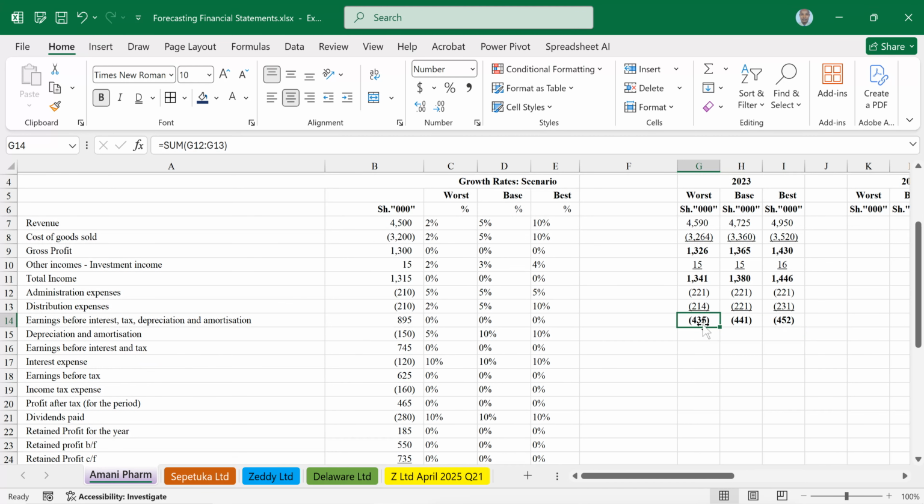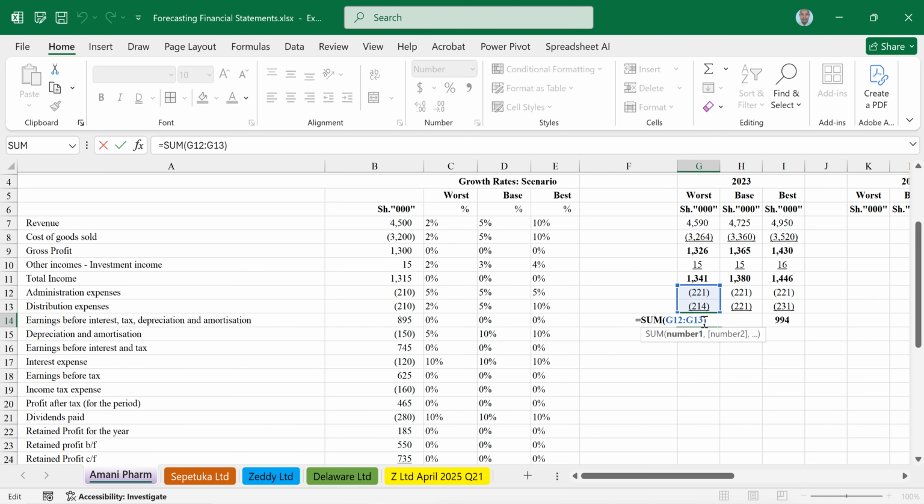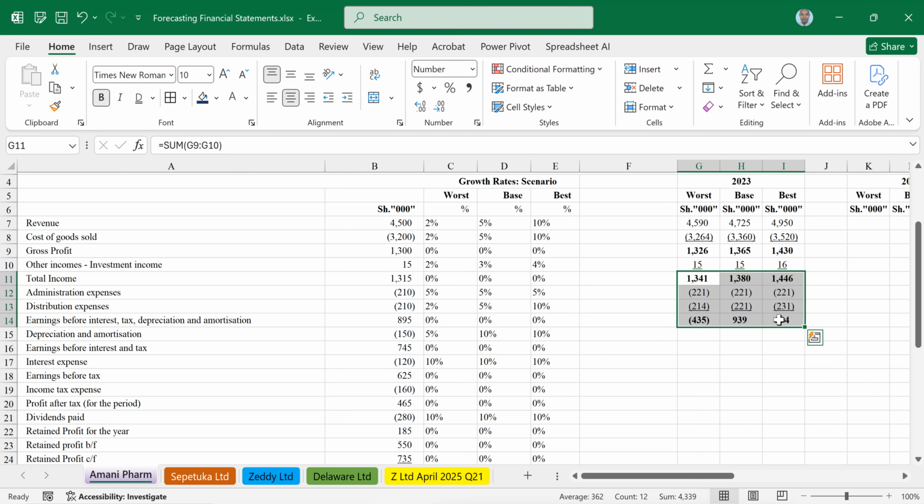Amend the earnings because it did not capture everything. So select from total income up to here, then alt equal. Now we have the correct one.